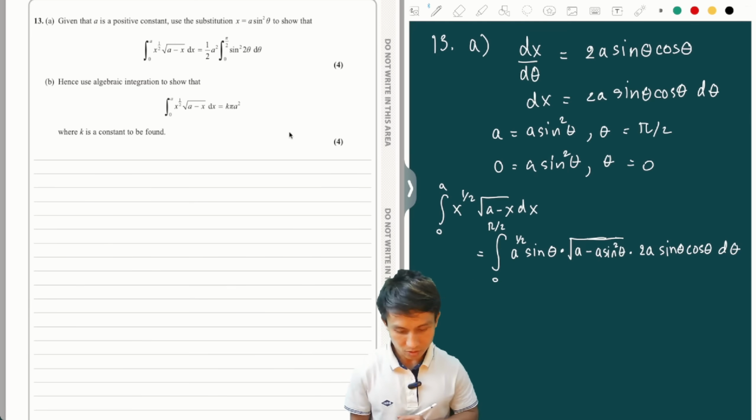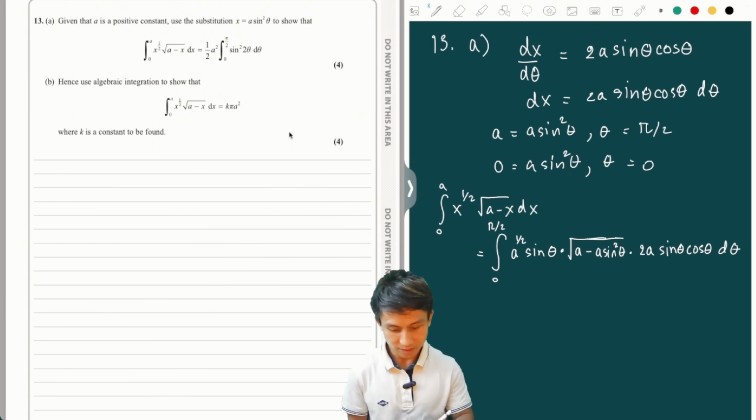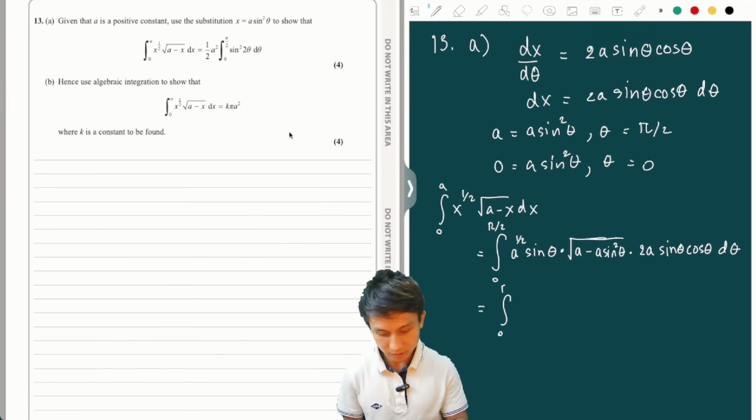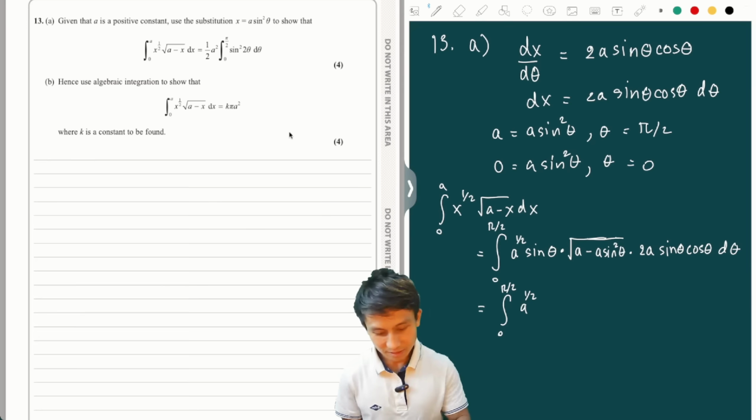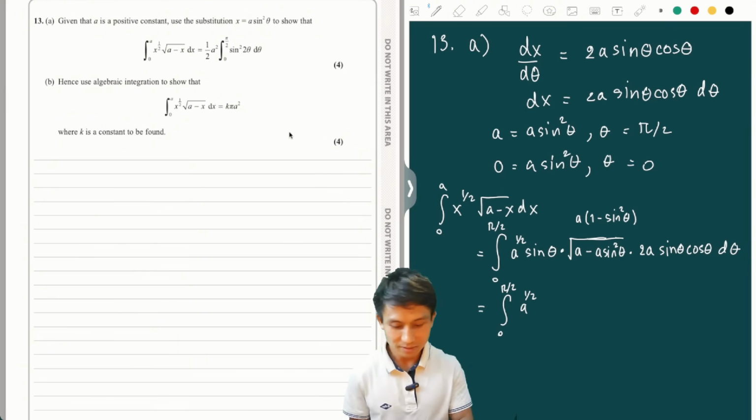Okay, so let's simplify the thing. Let's see what we have. So the whole integral there, we have a to the power of half. I can take square root a out, because inside there is just a and 1 minus sine squared theta in the square root.